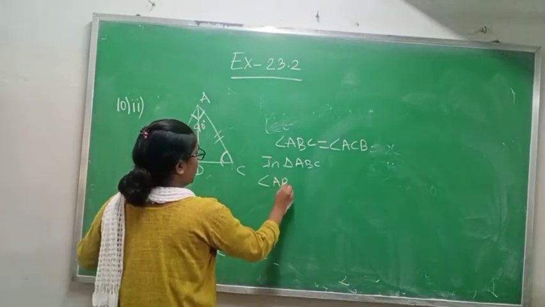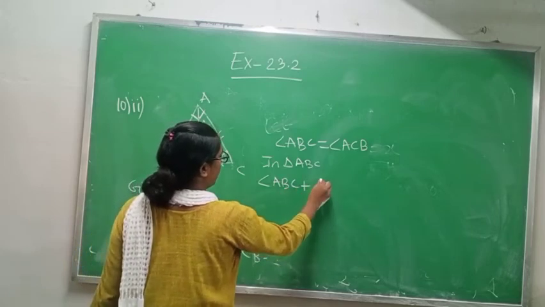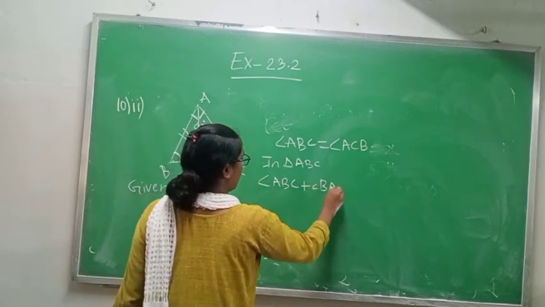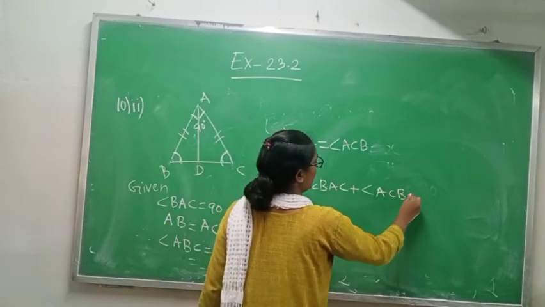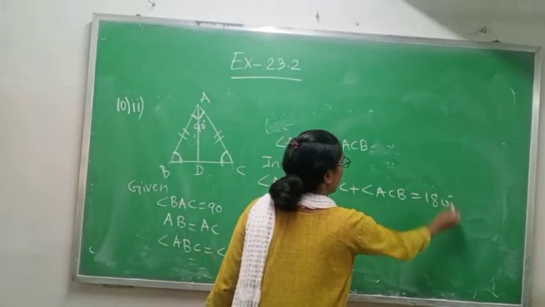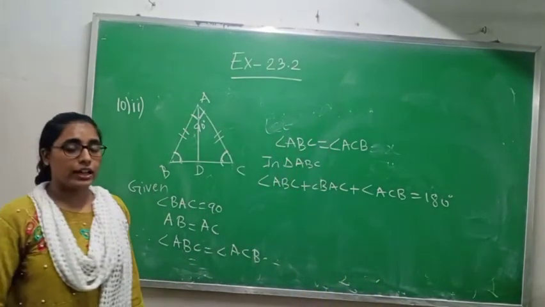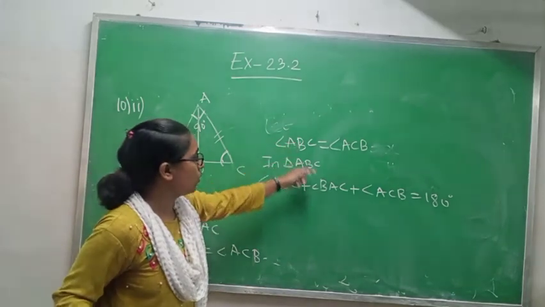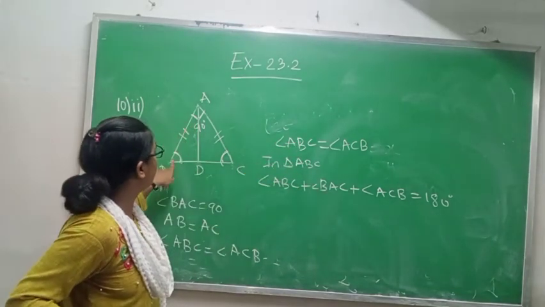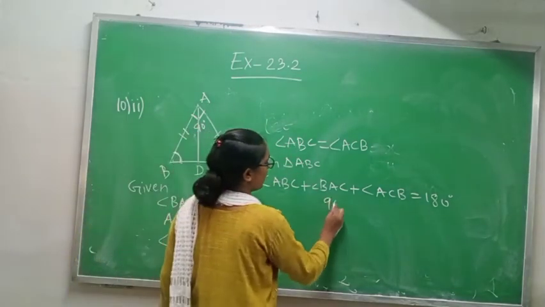Angle ABC plus angle BAC plus angle ACD equals 180 degrees, because the sum of three angles of a triangle is 180 degrees. BAC is given, 90 degrees, already.